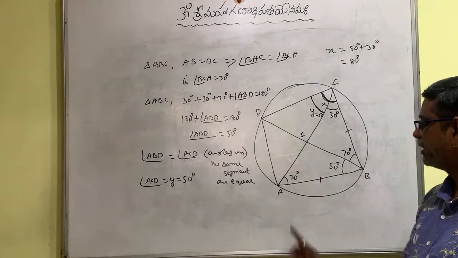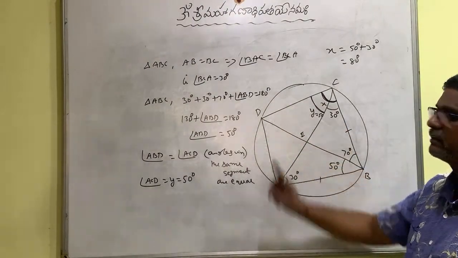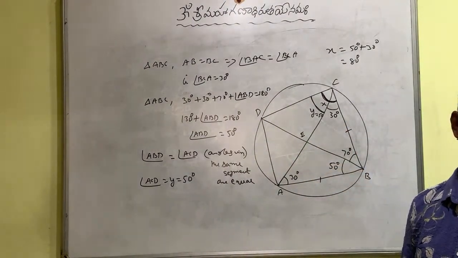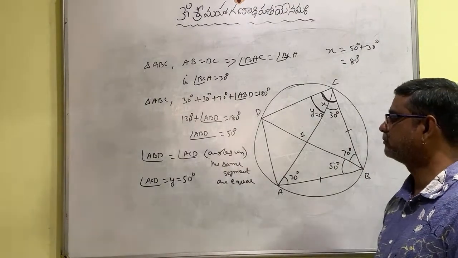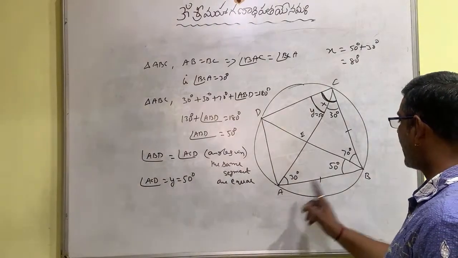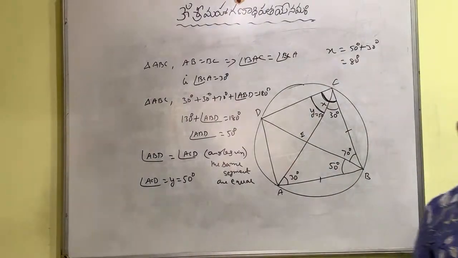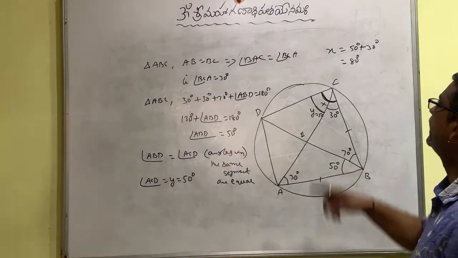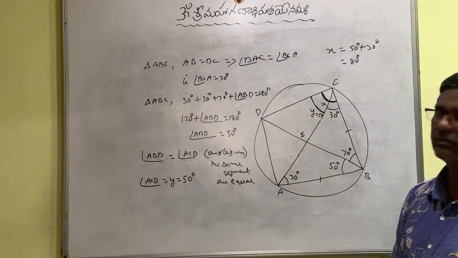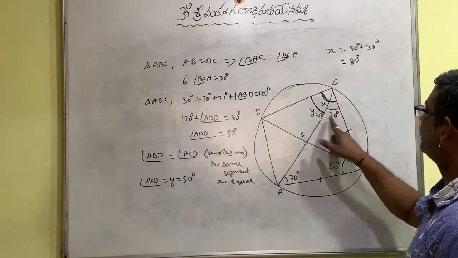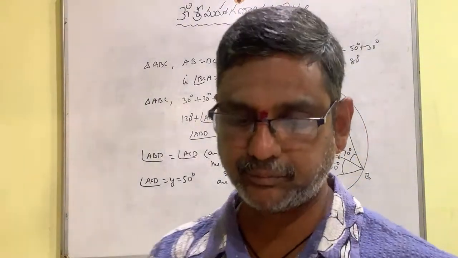Now angle ABD and angle ACD are angles in the same segment. They are equal. So angle ABD 50 degrees, so angle ACD is also 50. Now we need to find x value also. So x will be 50 plus 30, 80 degrees. Okay, right?